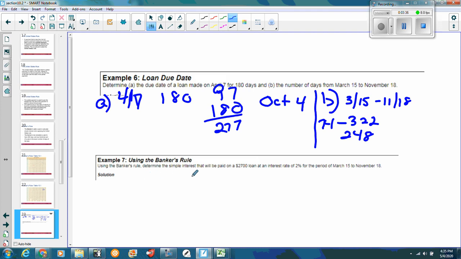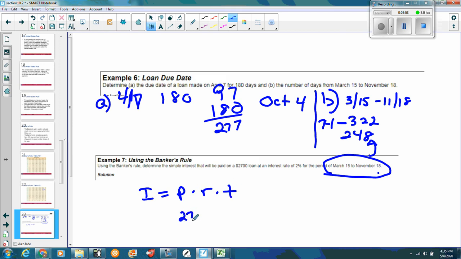Using the banker's rule, determine the simple interest paid on a $2,700 loan at an interest rate of 2% for the period March 15th to November 18th. I have to figure out how many days this is, which I just did up here: 248. So interest equals principal times rate times time.